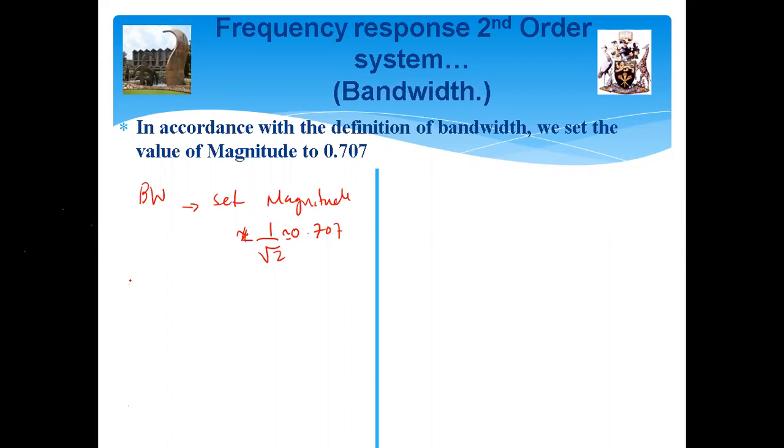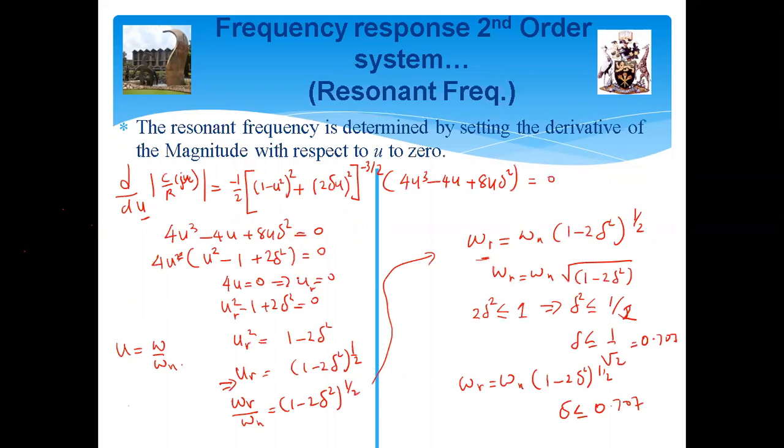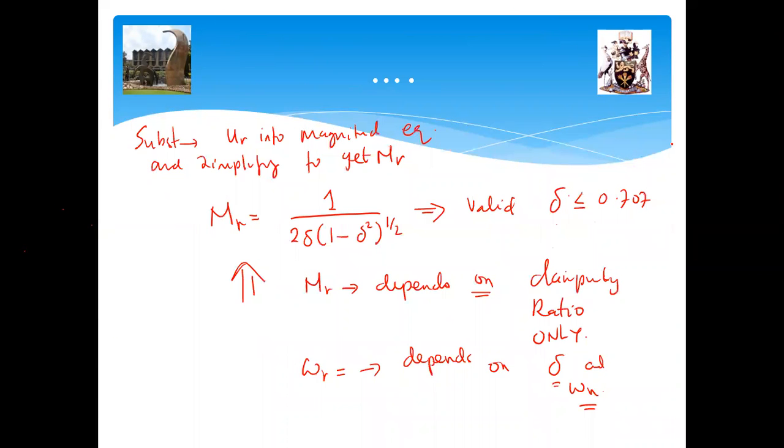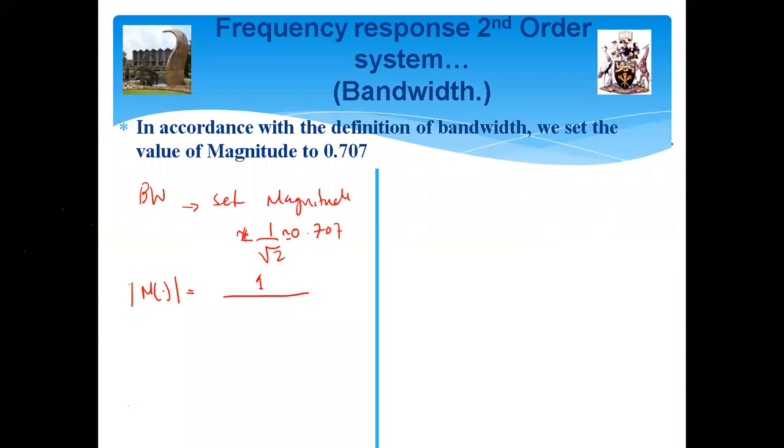So you take this magnitude equation and equate it to 1 over root 2, and then you simplify. So you have the square root of 1 minus u squared squared plus 2 delta u squared equals 1 over root 2.